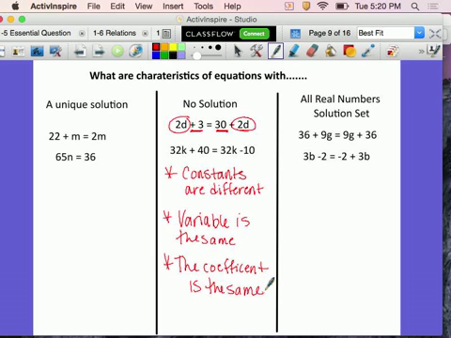This is important because this is the reason the variable terms cancel out, and then because the constants are different, that's how you get your false statement.